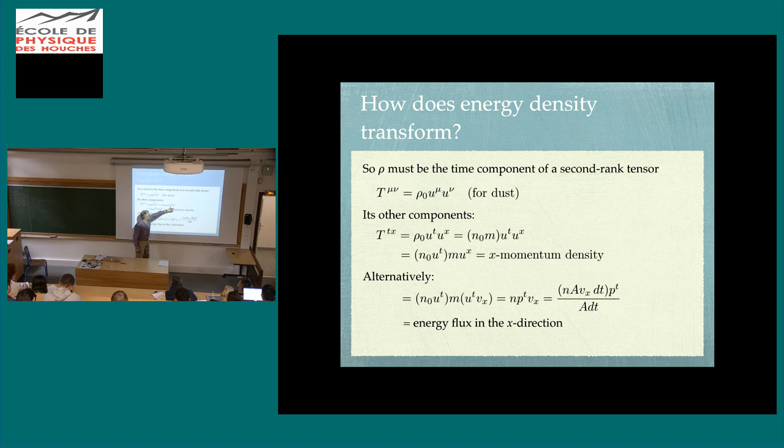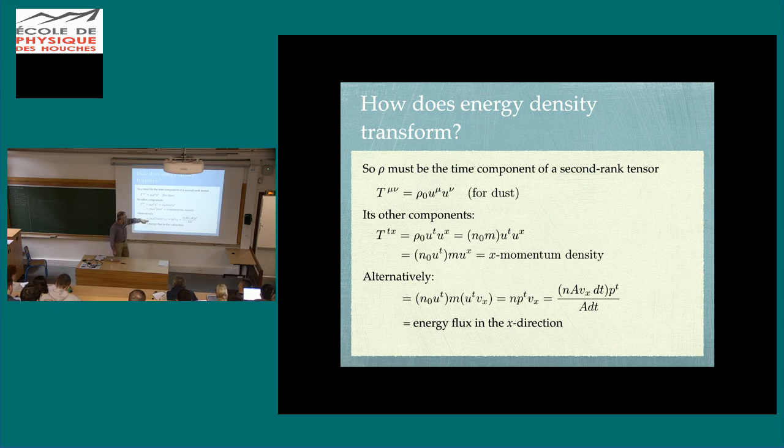And then I've got this factor of u^t and u^x, which I could think of as the number density basically in the new frame times the x momentum of the particle. And so if you multiply those two things together, you get basically x momentum density. In other words, the density of x momentum of the particle. And similarly for Ty and Tz.